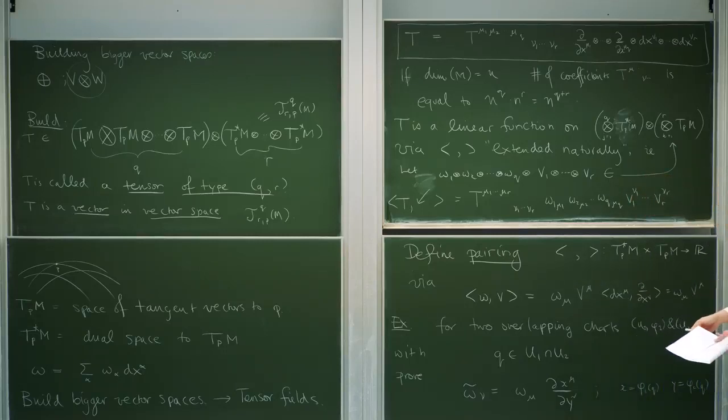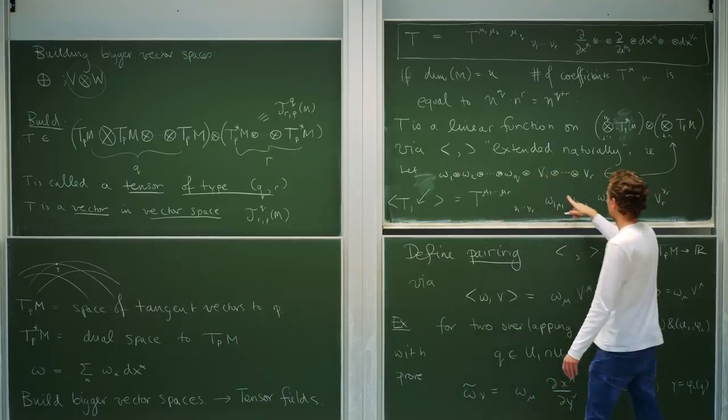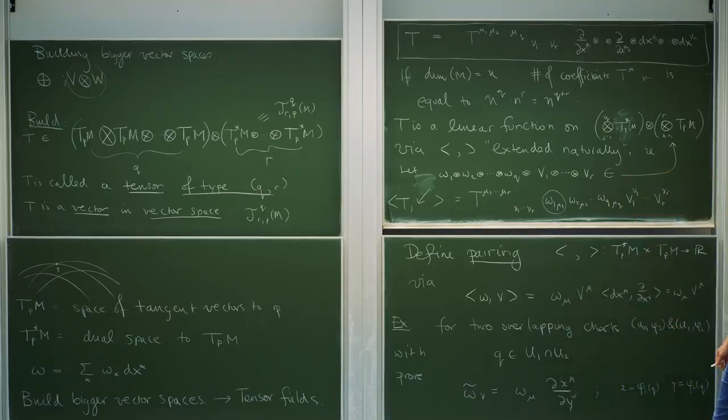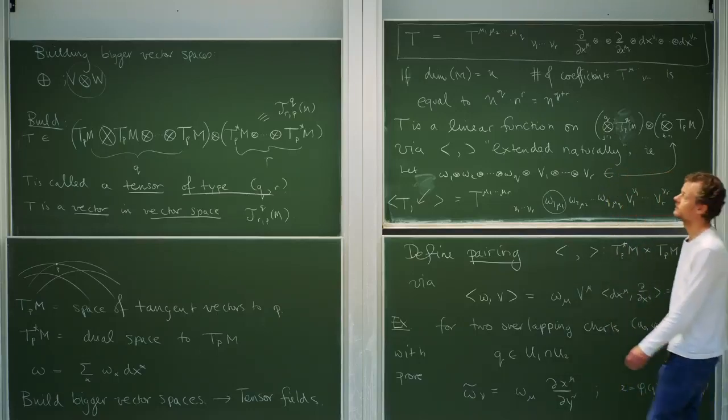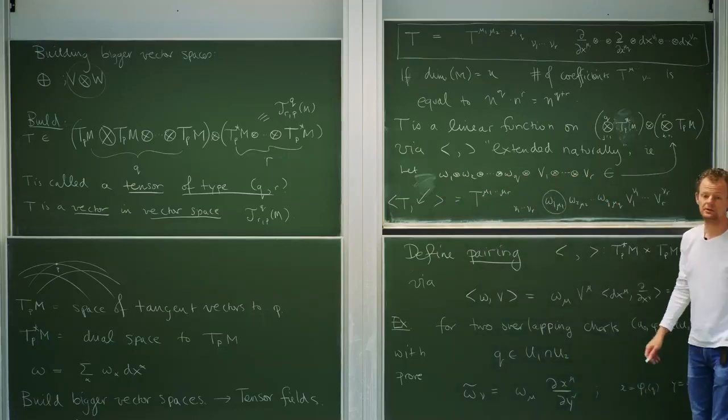So there's an implied sum there because we have a repeated index. Mu1 is summed over mu1 and so on. And these are just the coefficients of the one form omega 1 with respect to the basis d dx mu1.